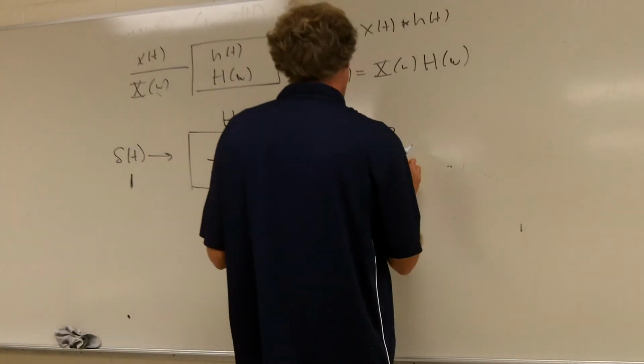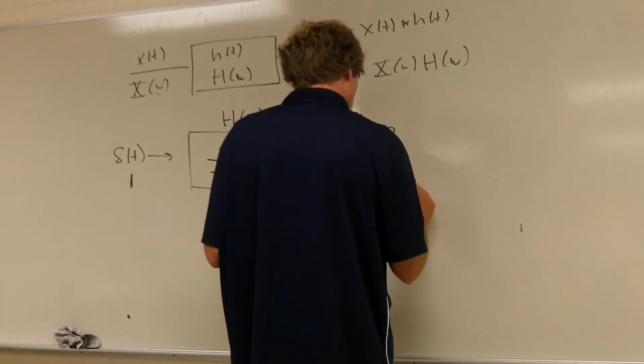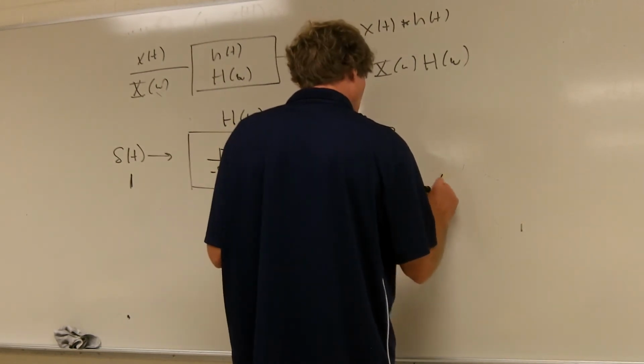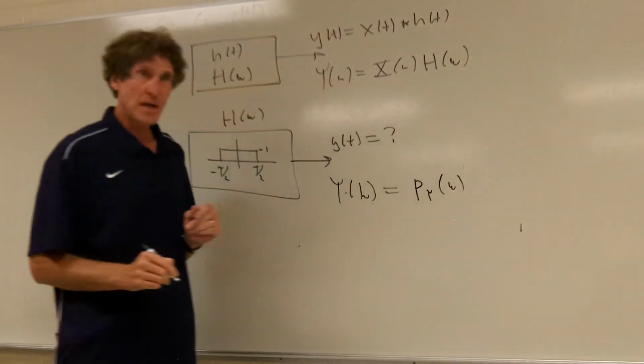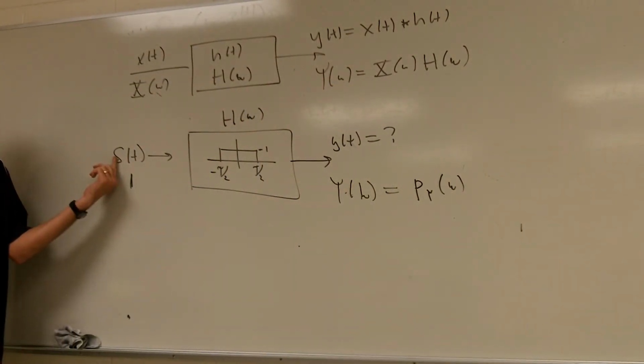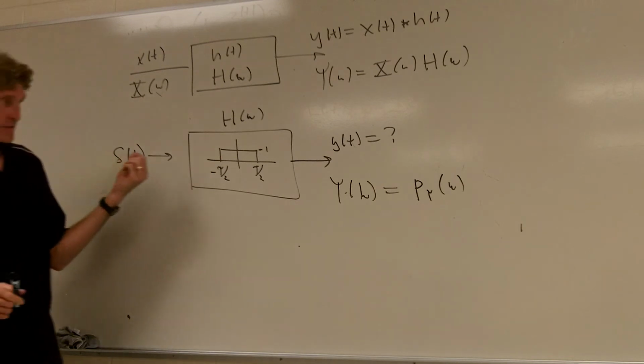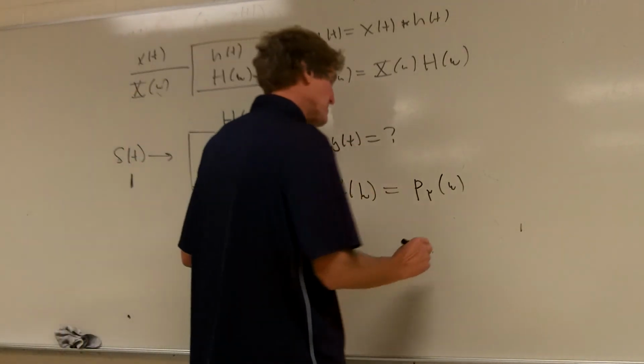So, in fact, I'll show you something here. This would be equal to simply a pulse function of width tau in omega, correct? The output. Now, when did the input actually take place? T equals 0, right? I'm going to show you something that should bother you. What does the time domain function of this look like?